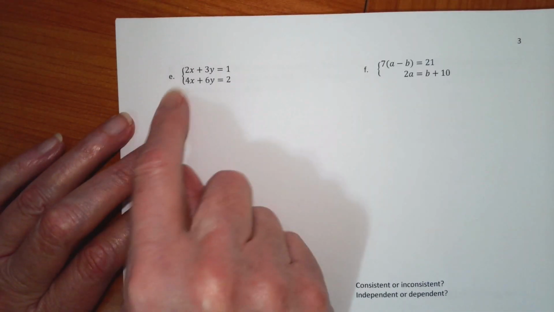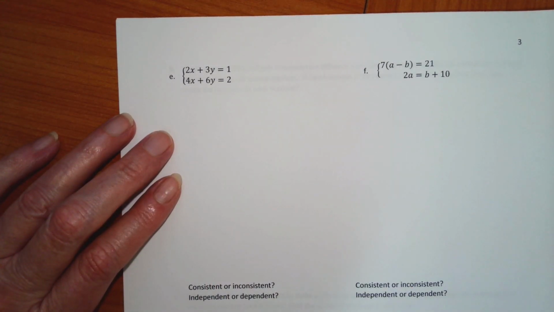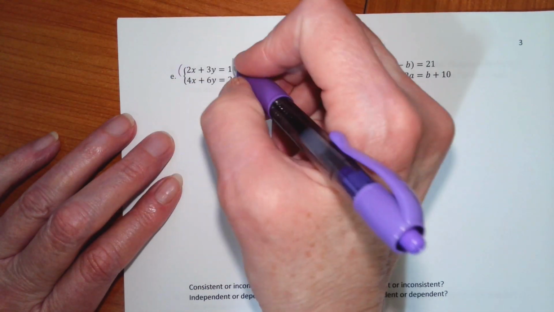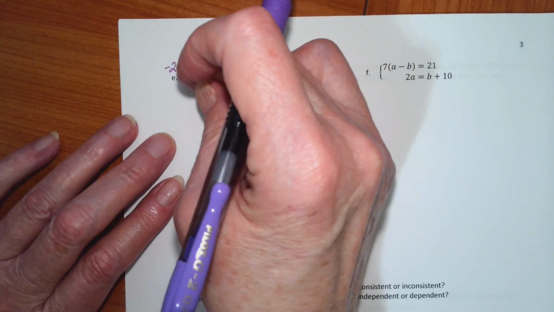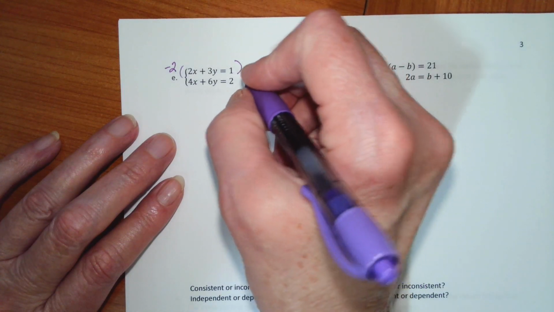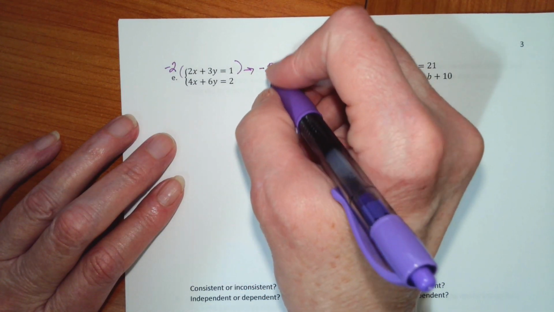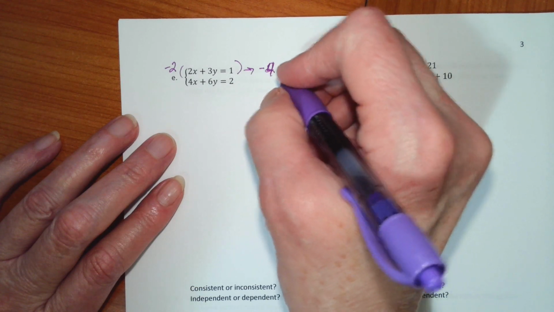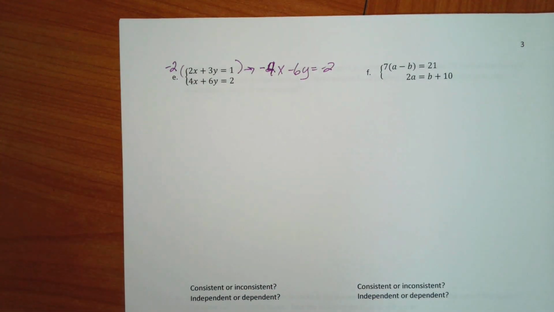Okay. All right, 2x plus 3y equals 1, 4x plus 6y equals 2. Let's multiply this by -2. That'll give me a negative 4x and a positive 4x. So this becomes negative 4x minus 6y is equal to -2.